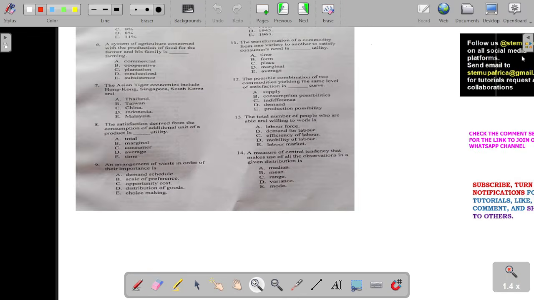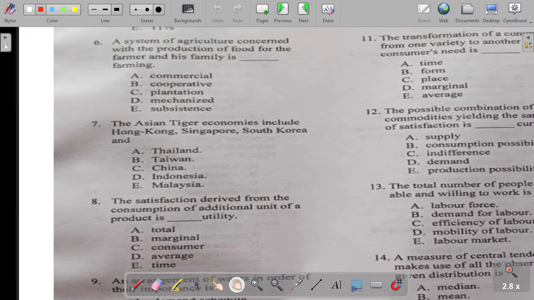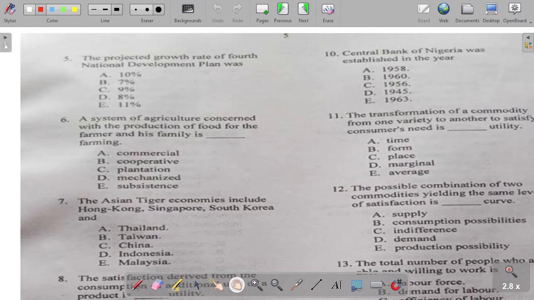That is agricultural productivity. Number 4 is E. Let's go to number 5. It said the projected growth rate of the 4th National Development Plan was. So I think Nigeria should be in the 2nd, 3rd National Development Plan.